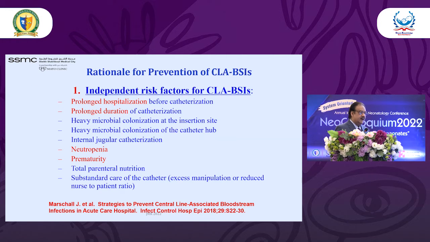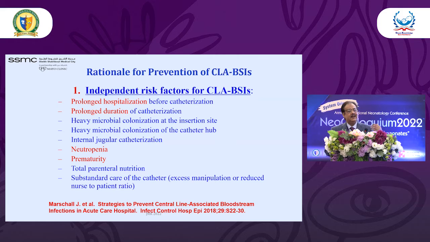Now the strategies, I will go through quickly. First thing, independent risk factors for CLABSIs: prolonged hospitalization before catheterization, prolonged duration of catheterization. If the baby has neutropenia, prematurity is also a risk itself, total parenteral nutrition. So if you are doing early feeding, you don't need prolonged TPN.